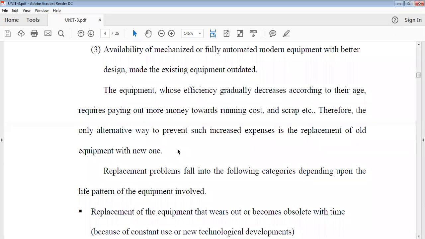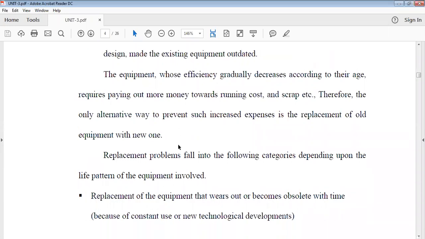So, if the running cost and maintenance cost are becoming higher, better to treat the existing equipment as outdated and go for a replacement with a new one. So, that is the particular policy.